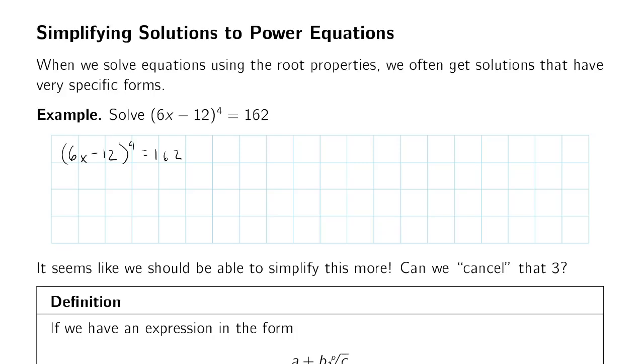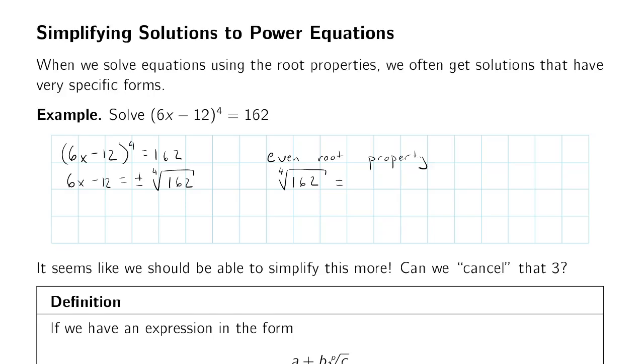We notice that this is an even power, so we need to use the even root property. We'll say 6x minus 12 is plus or minus the fourth root of 162. Now the fourth root of 162 we can take off to the side and simplify.